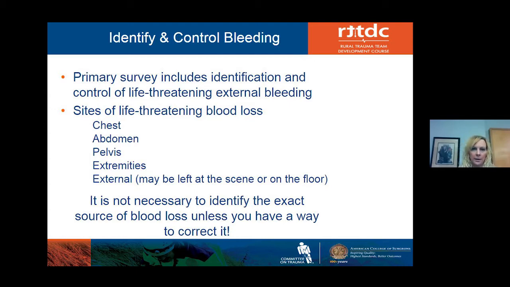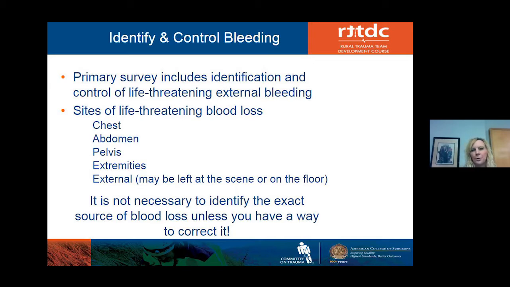Extremities, we talked about that a little bit. Fractures, so femur fractures, you can lose at least 1 liter of blood into the leg there. So you can get a significant amount of blood loss from fractures, and identifying these and stabilizing them the best you can is extremely important. The last thing is externally. You can lose a significant amount of blood at the scene.